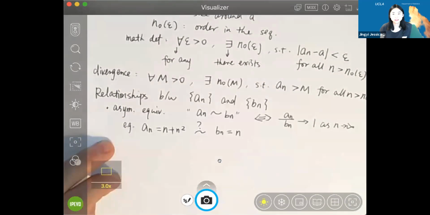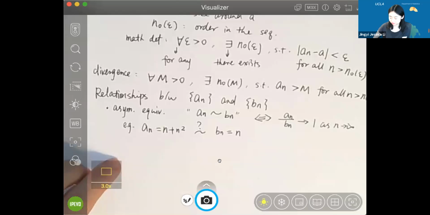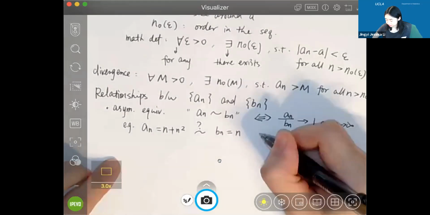Think about it, and you can unmute yourself if you want to give an answer. Zach, I see that you're shaking your head. Yeah, because the ratio a_n over b_n does not approach 1, it approaches infinity. Exactly, correct, no.